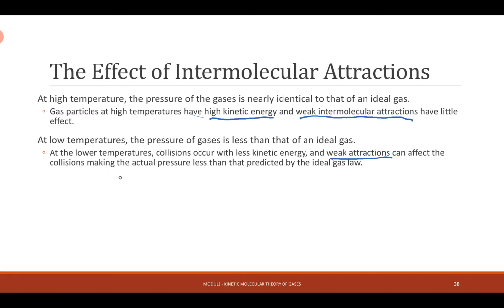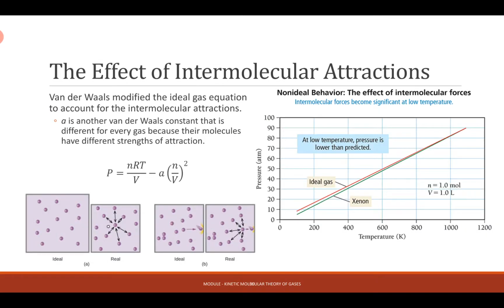And so the collisions with the sidewall are not really as hard because they are being attracted to gas particles within the rest of the gas. So here's some pictures to show what I was talking about. In an ideal gas, there's no attractive forces between the particles, but in a real gas, there are attractive forces in between the particles. So in an ideal gas, if this particle here is going to be slamming up against the sidewall, there's nothing holding it back.